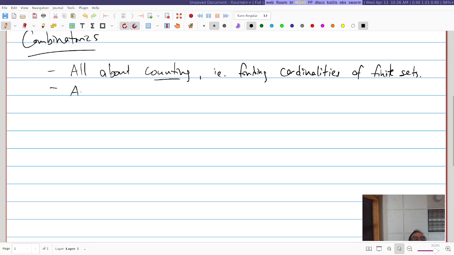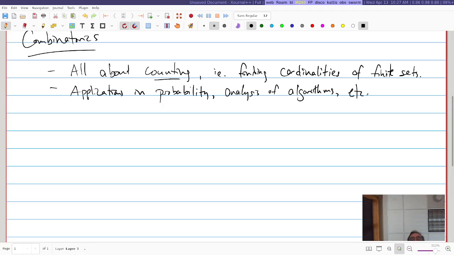So this comes up in probability, analysis of algorithms, etc. It's also just a fun and beautiful area of math.